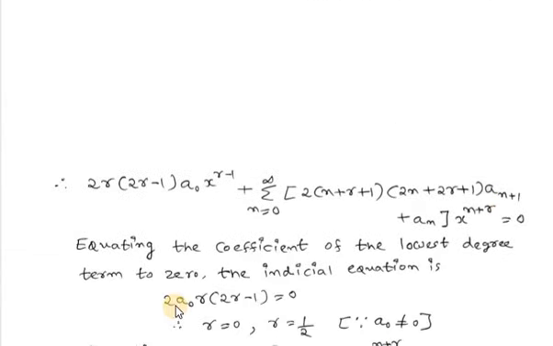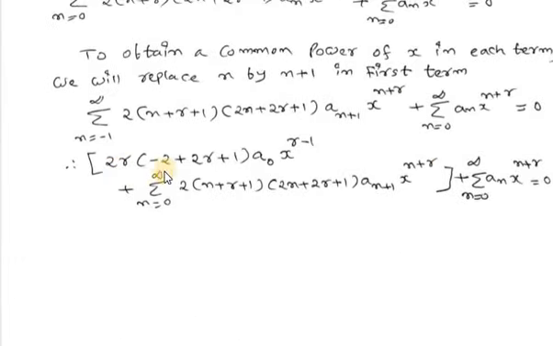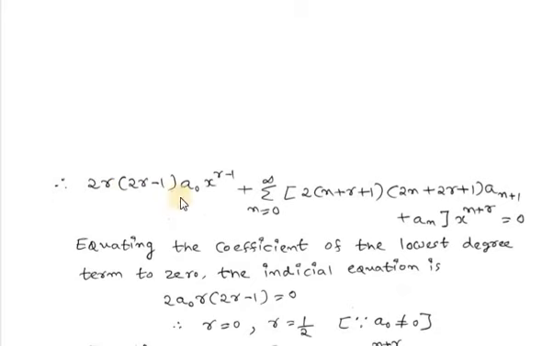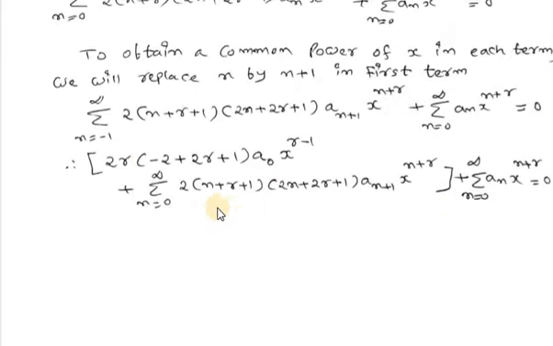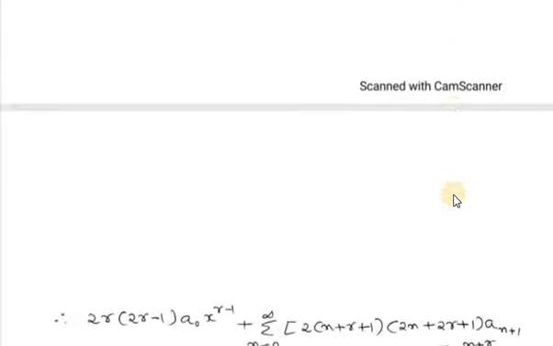Okay, now 2r into bracket 2r minus 1 into a0 into x raised to r minus 1. This is the first term, and then we will take x raised to n plus r common from these two terms.